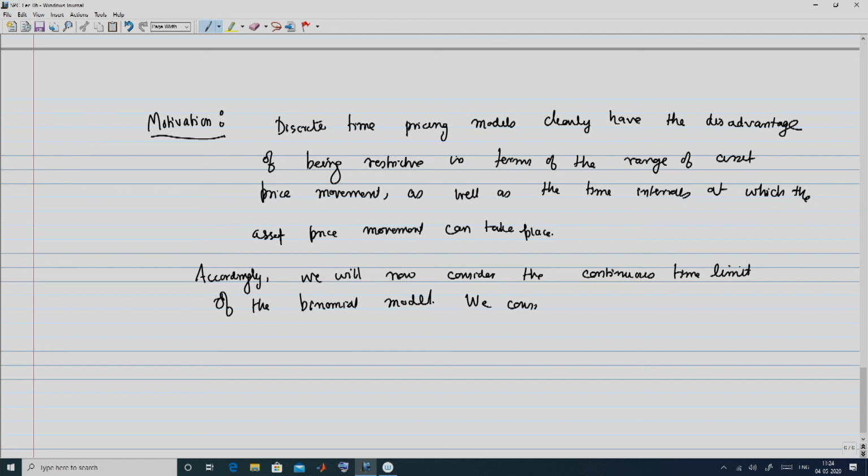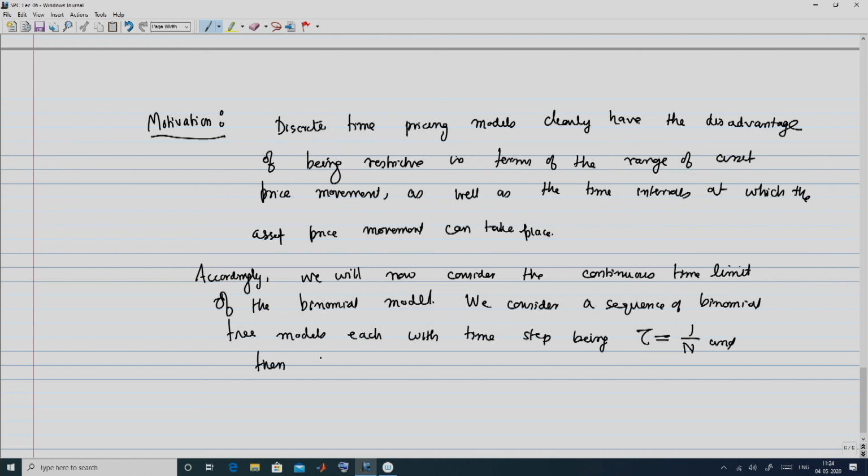So, what we do is that we consider a sequence of binomial tree models, each with time step being tau is equal to 1 over n, and then take the continuous time limit by letting n tend to infinity.